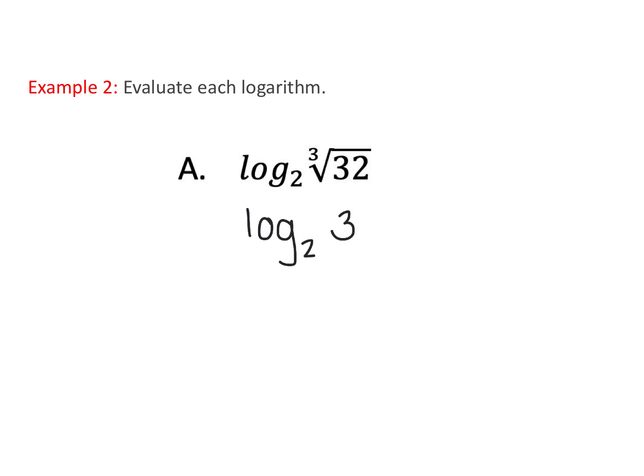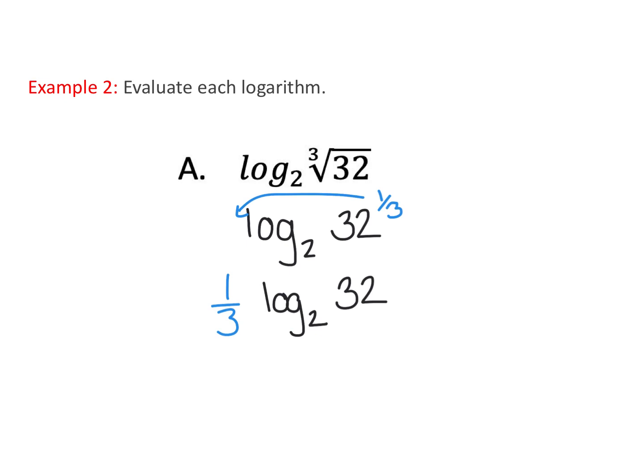But here's what I'm going to do. I'm going to first rewrite the cube root of 32 as 32 to the 1/3 power. That would be its equivalent rational exponent form. And now I can use my power rule, where I would have 1/3 times the log base 2 of 32.